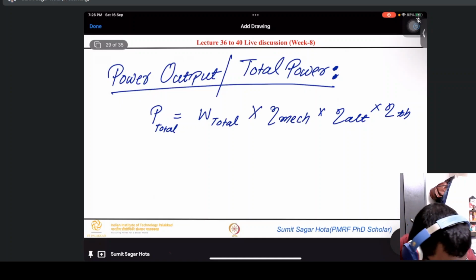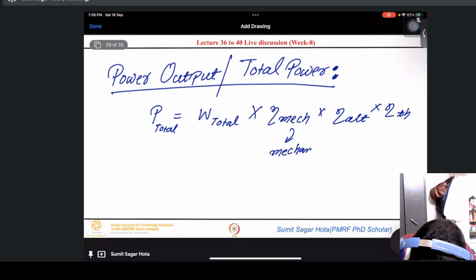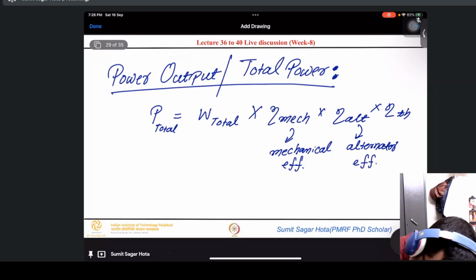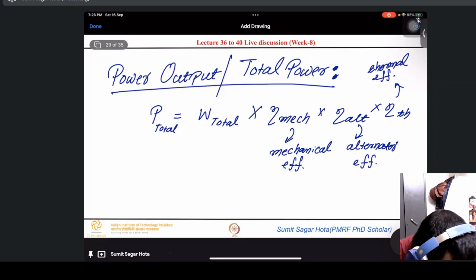Okay, this is what the things you should multiply. This is your mechanical efficiency, alternator efficiency, thermal efficiency.